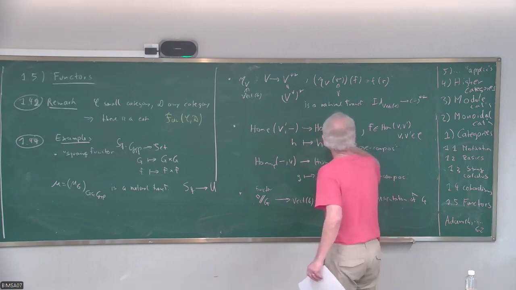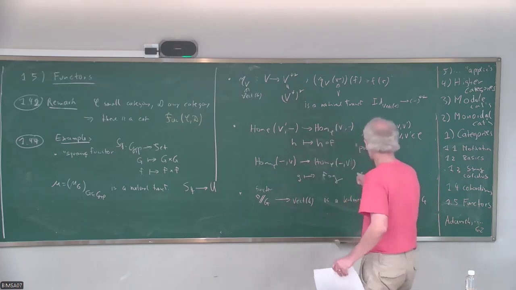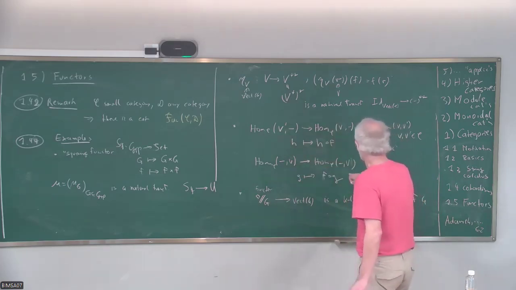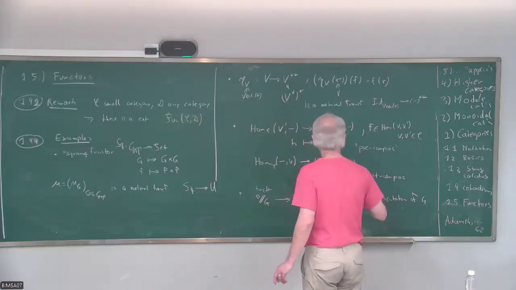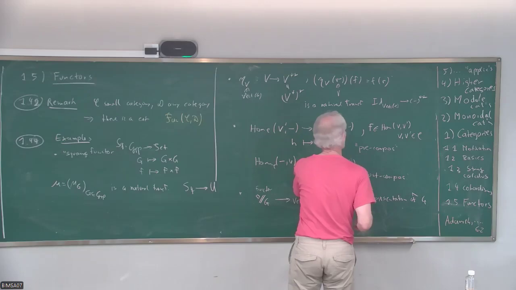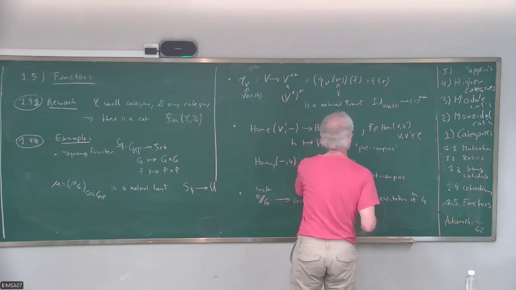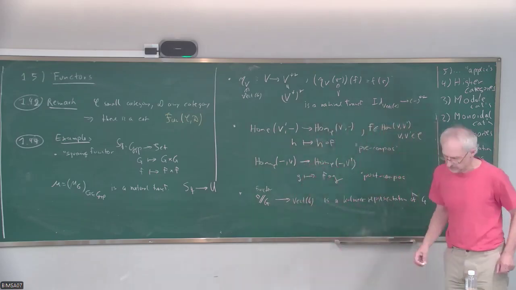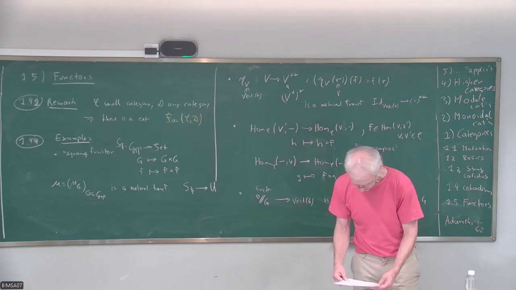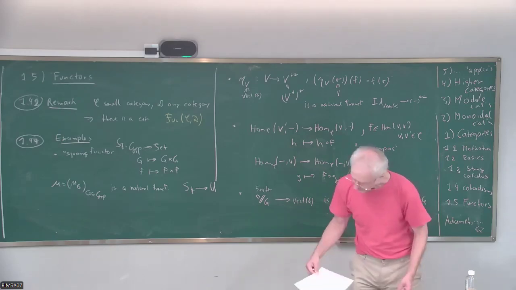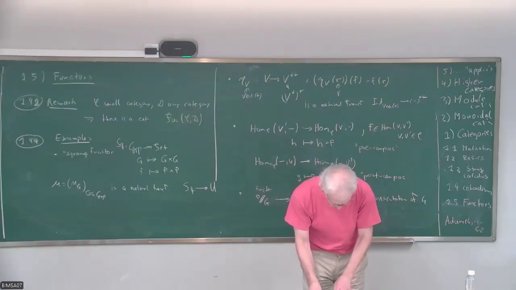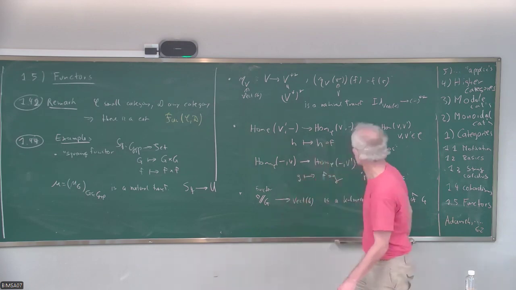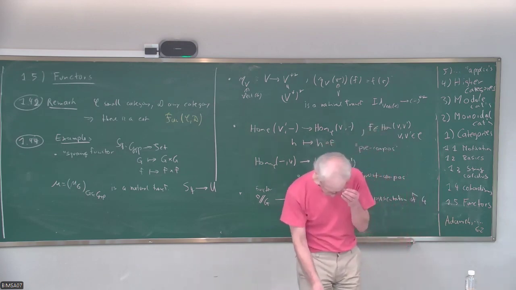So this is correct, and g goes from, let me see, f goes from V to V prime. So then I have to write prime. Yeah, like in my notes.